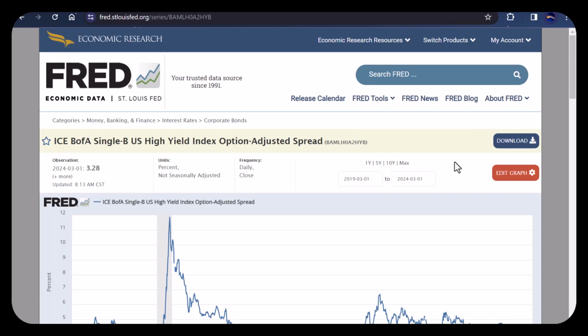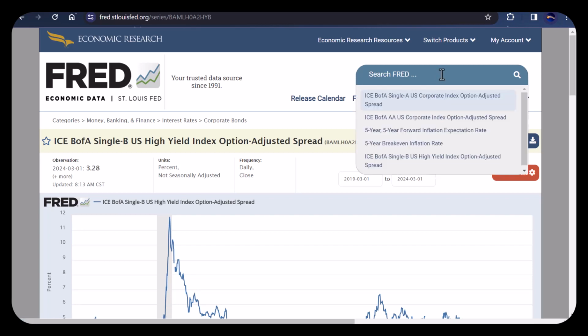So if you're a corporation that has a single B credit rating, that's the lower end of the investable junk bonds, not investment grade, investable. You're going to have to pay 764.